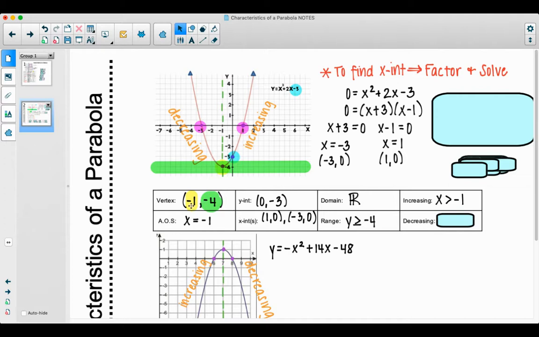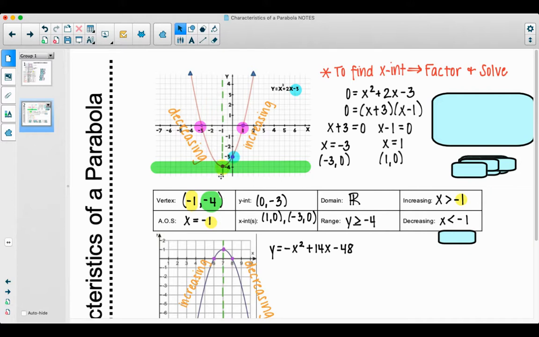The x coordinate was at the vertex, -1. It's all coming back to this -1 spot. And we're decreasing, we're going down on the roller coaster, when we have x values like -3 and -2 and -10. So as an inequality, we would say x values that are less than -1.